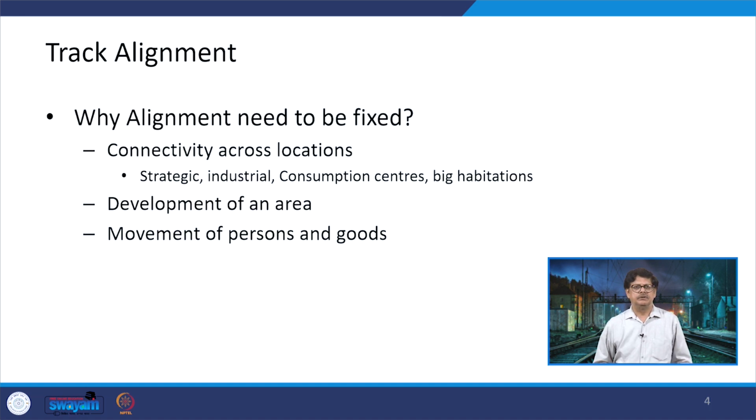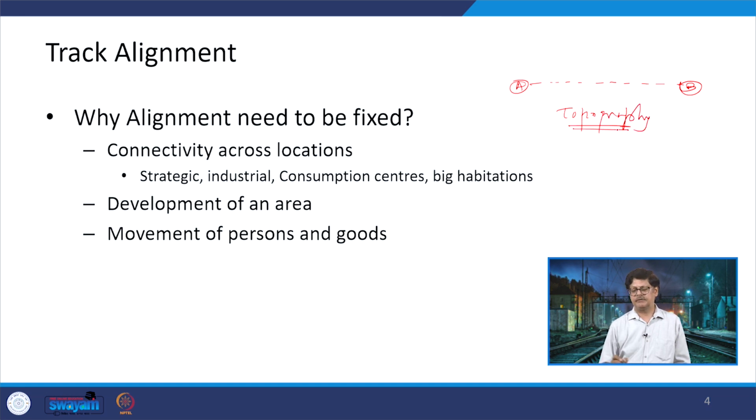Starting with why alignment needs to be fixed. As I just said, we need to connect point A with point B. Now, this connection, when we are providing it, may be in the form of a straight line, it may or may not be possible, because in between these two particular locations, the topography may be different.